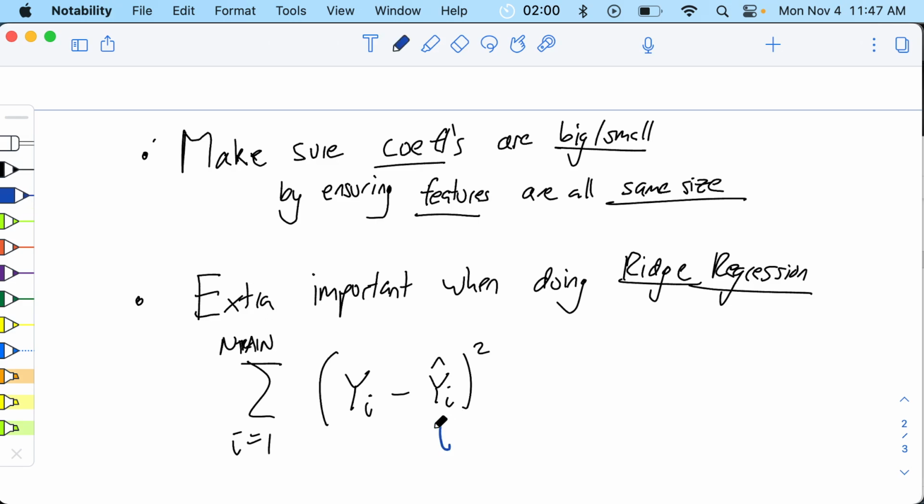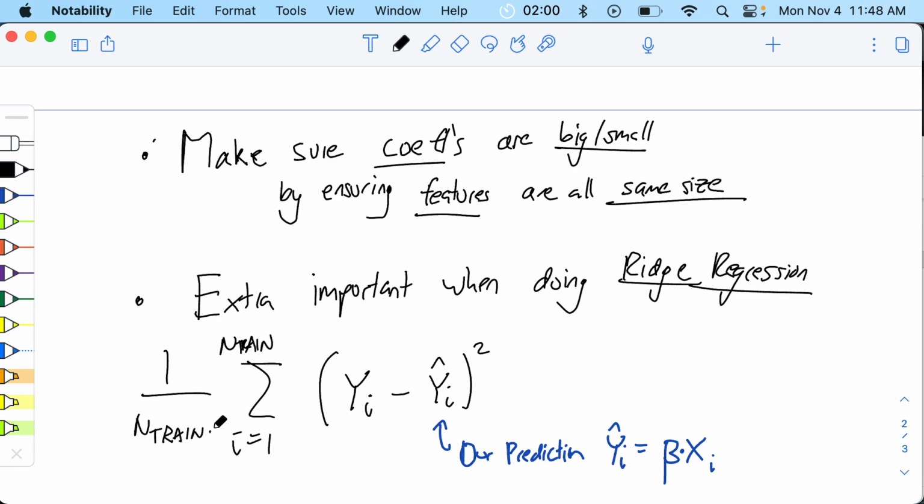The y hat is our prediction, and this is made by a linear combination of the x's, so like beta times xi, a dot product. In linear regression, it's linear, but in general, it can be anything. You do the sum of the squared differences, that's the mean squared error. Let me make it a mean by putting an n train in front. That's the mean squared error.